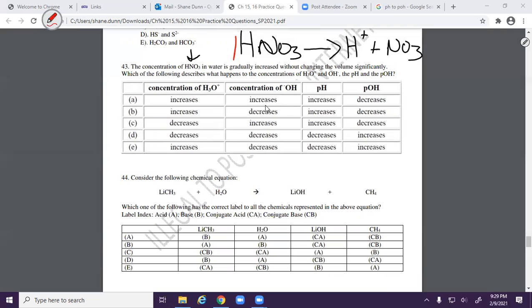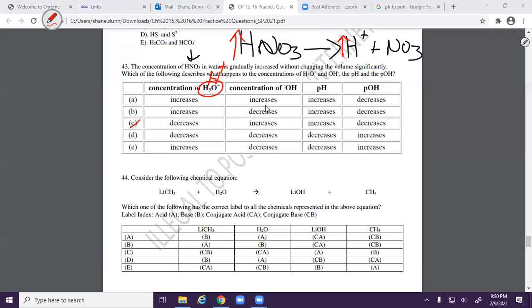If this guy increases, what's that mean? This guy will increase, correct? Because it's only going to go in one direction. So if you add more HNO3 to the equation, what's going to happen to the concentration of H3O plus? That's the same thing as saying H plus ions. Go up or down? They go up, right?